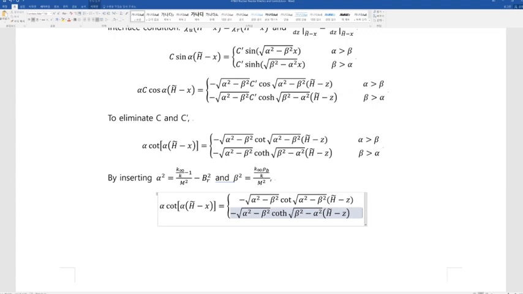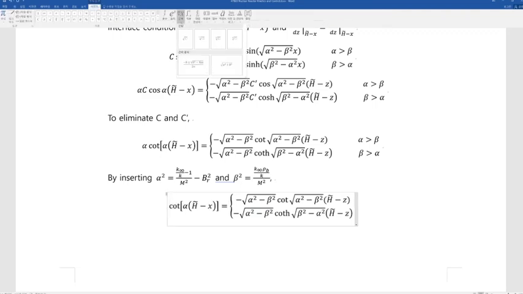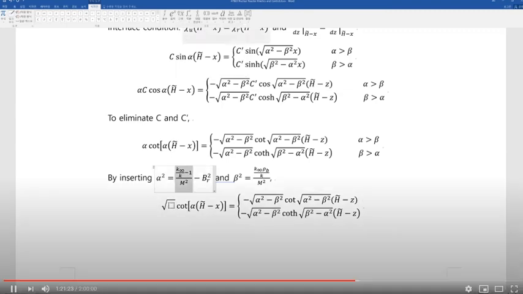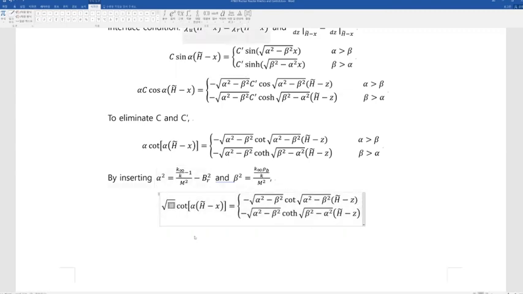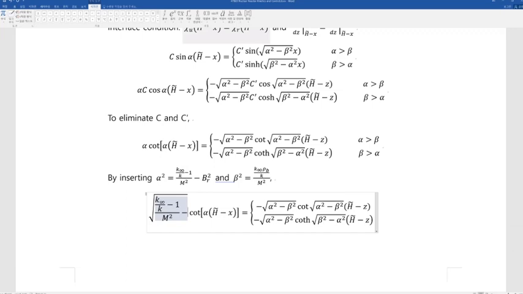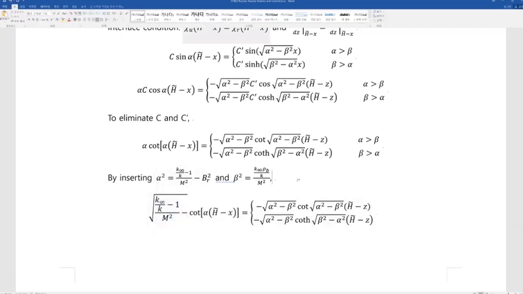The second one is for the case when beta is bigger than alpha. So if we insert alpha and beta, we should place a square root, and this minus B_r squared.